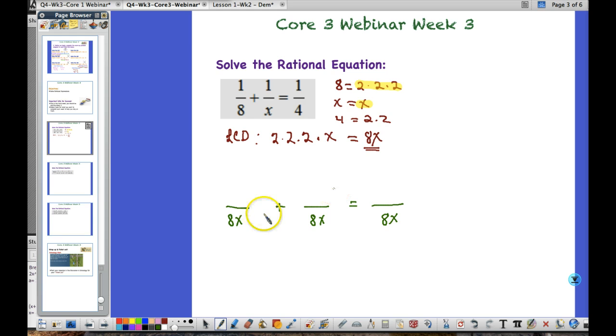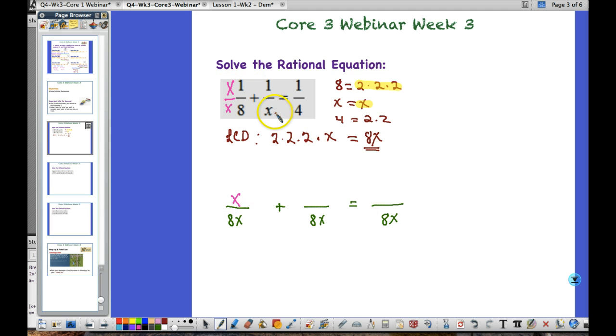So let's do that. Okay, on this first one we have 8. What would we need to multiply 8 by to make it look like 8x? What do you guys think? What would we multiply it by? Very good, Miriam. An x. So we would need to multiply this numerator by x over the top, x over the bottom, which we did here. So 1 times x is just x.